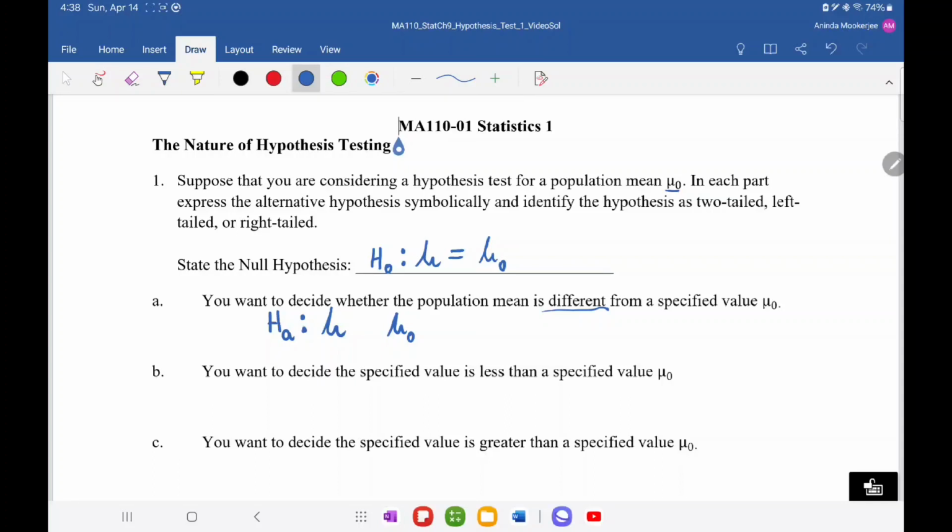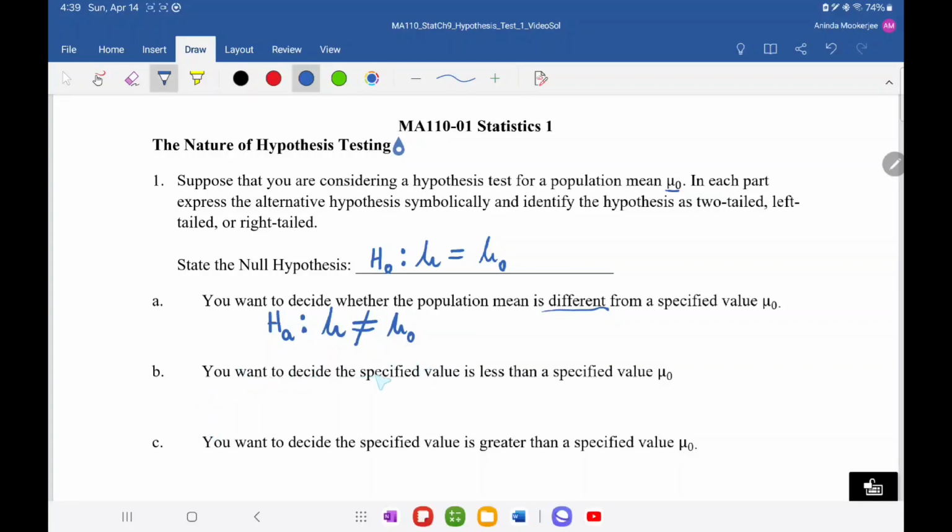So whenever the alternate hypothesis is stating that it is different, you are going to use the not equal symbol between the two mu's. So mu not equal to mu sub 0, whatever the null hypothesis population mean is.